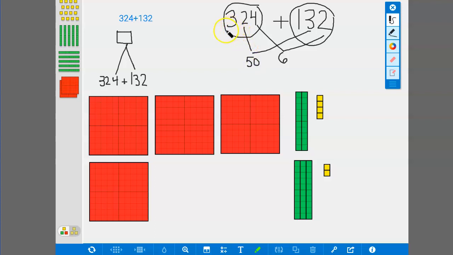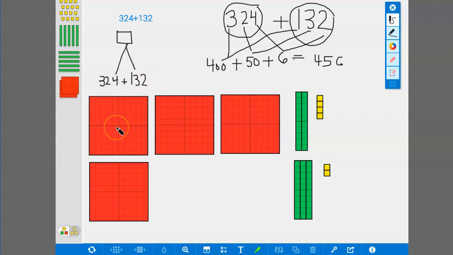And then 300 plus 100. So here's my 300, 100, 200, 300 plus 100 makes 400. If I put it all together, 400 plus 50 plus 6 equals 456.